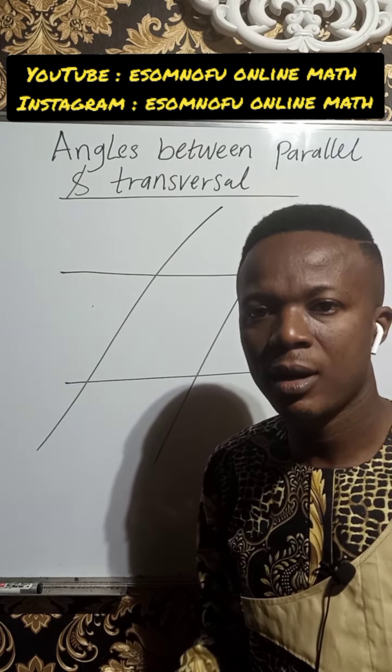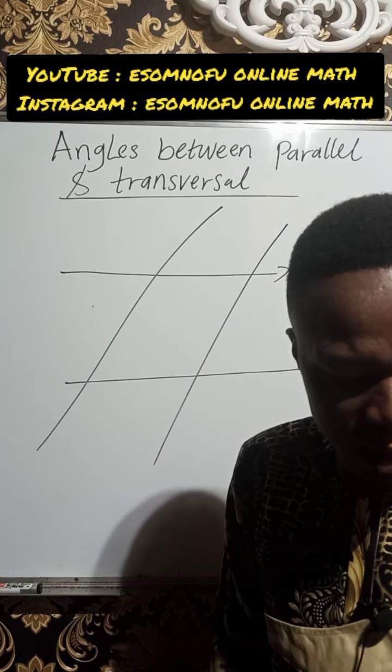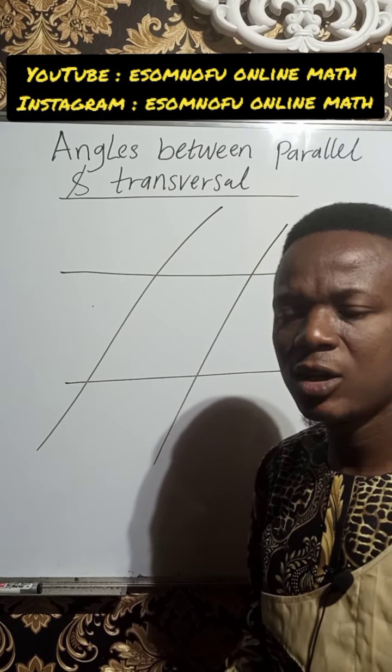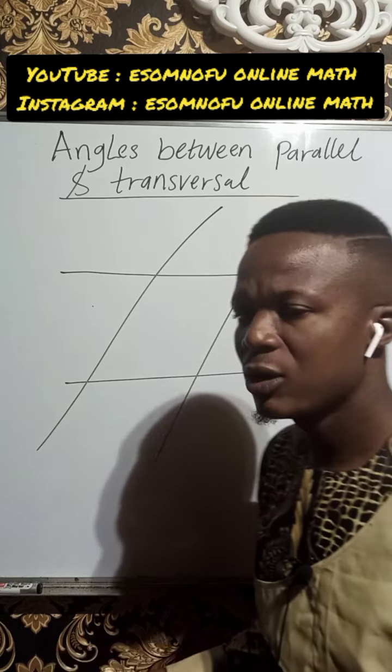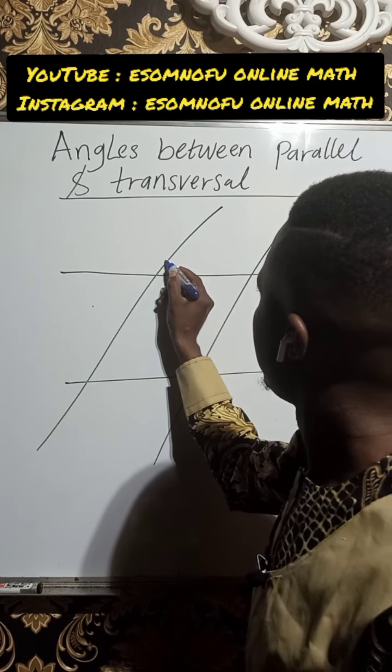A transversal is a line that cuts across two or more parallel lines. And one important thing about this transversal is that whenever it cuts parallel lines, so many angles are generated. You can see an angle is formed here.